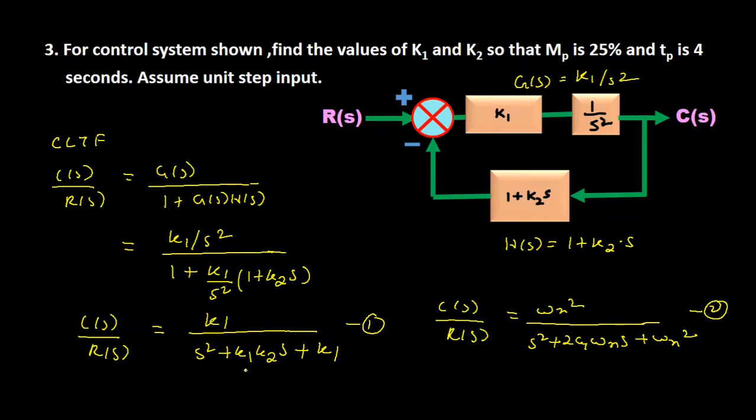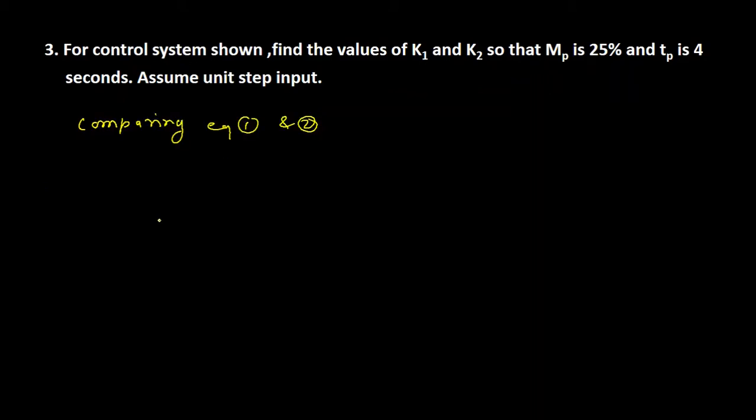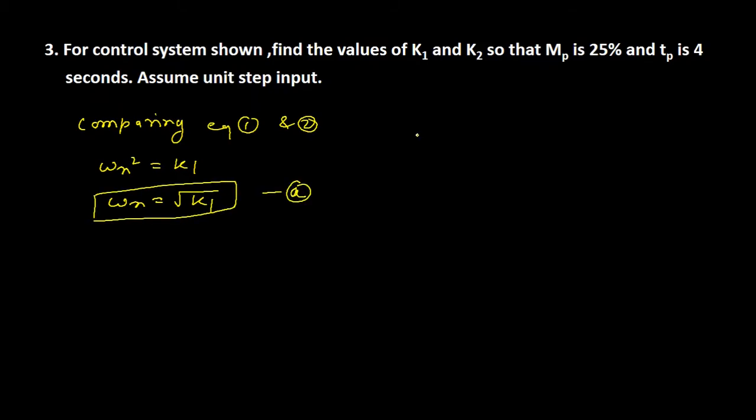So here we can see that 2 zeta omega n is equal to K1 into K2 and omega n square is equal to K1. By comparing equation number 1 and 2, we will get omega n square is equal to K1. Therefore, omega n will be equal to under root K1. Let this be equation number A. Again, when we compare both the equations, we will get 2 zeta omega n is equal to K1 into K2.